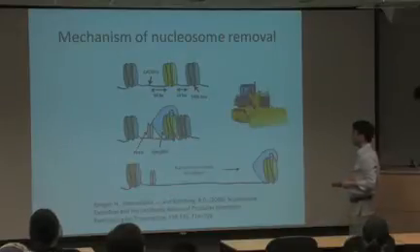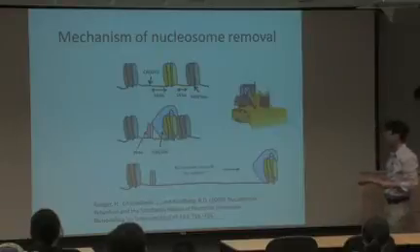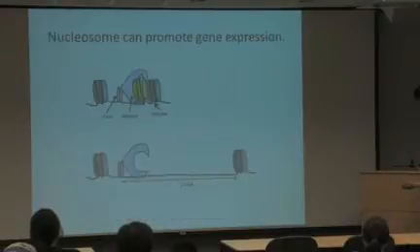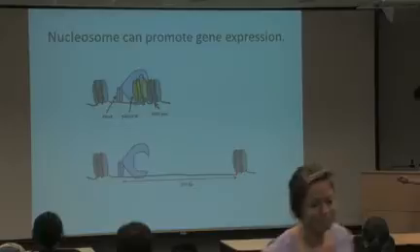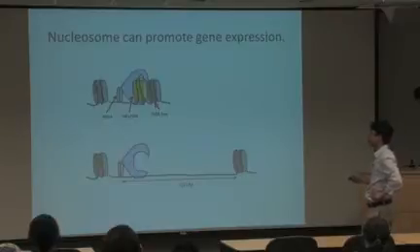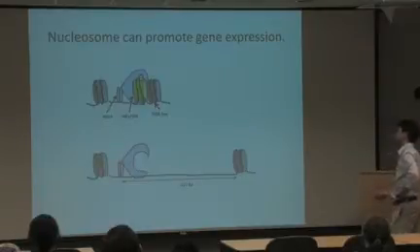And this similar model has been proposed, in fact, 4 years ago by Roger Kornberg lab. So what I'm trying to conclude is that nucleosomes can sometimes promote gene expression, right? On the contrary to what people generally believe.